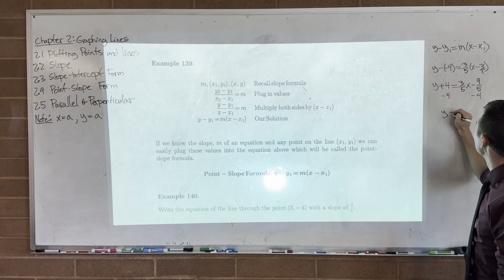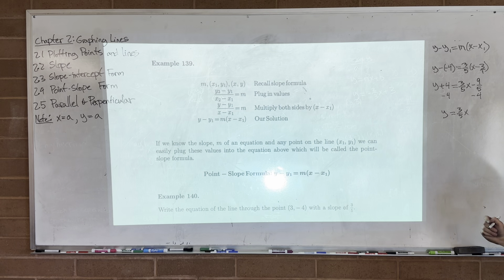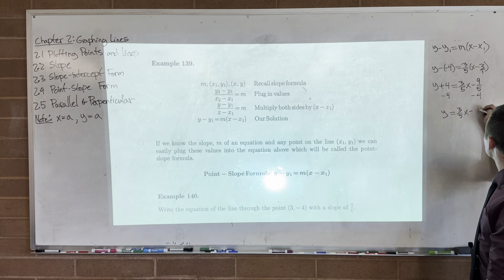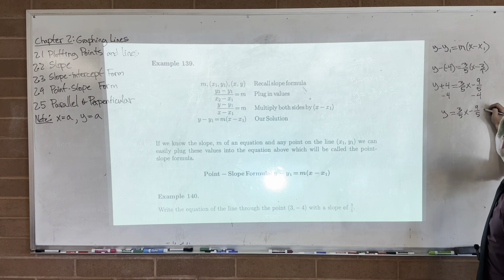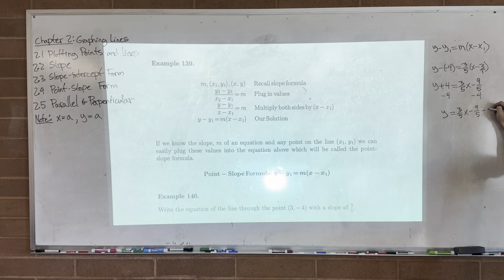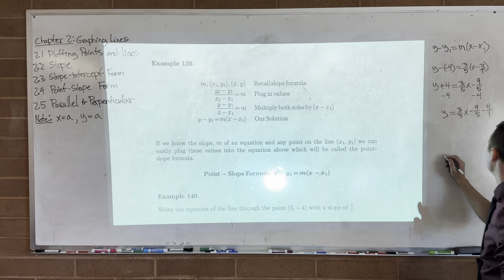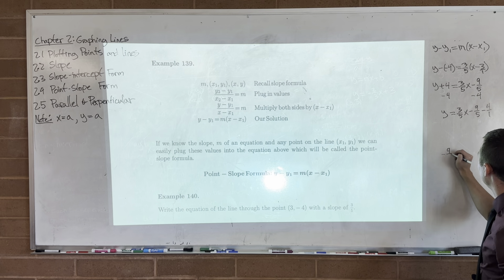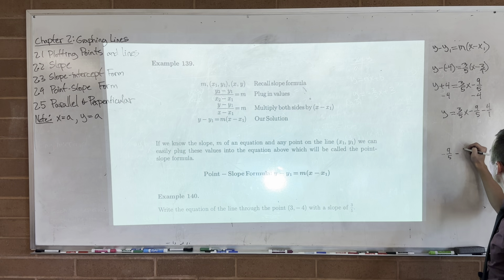And now we have negative 9/5 minus 4. So that's minus 9/5, and we're going to subtract from that 4, or 4 over 1. To combine these two, we need to find a common denominator. Let's do this as a side problem: negative 9/5 minus 4 over 1.